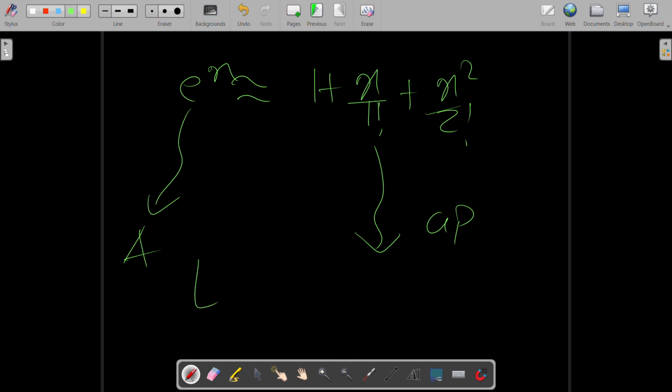Then what is the error? The actual value minus the approximate value. We take the mod because we want to know the magnitude of the error, not whether it is negative or positive.